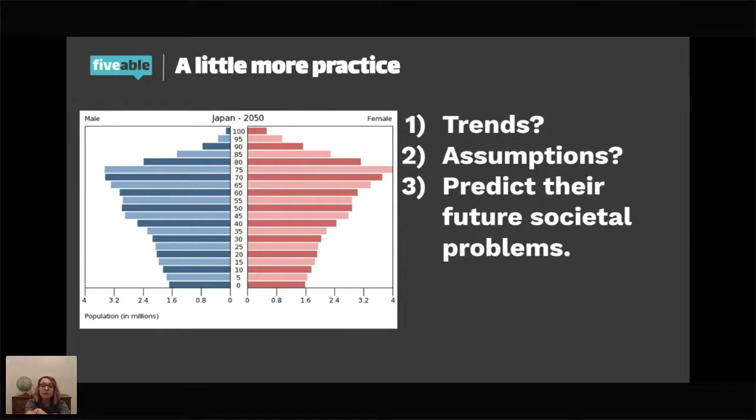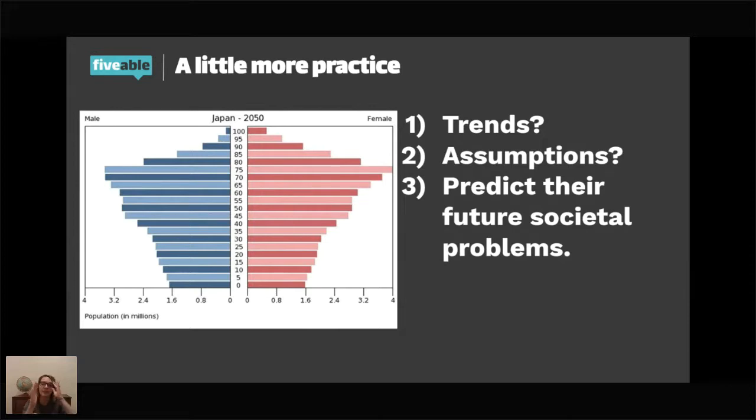Low birth rate, typically we associate that with a more developed country. Women have greater access to opportunities, to education. It could be that cost of living is so high that people are not having kids, or that they're having to work so much that they are putting off having kids. Lots of different factors, but typically the more developed a country is, the lower the birth rate is going to be.